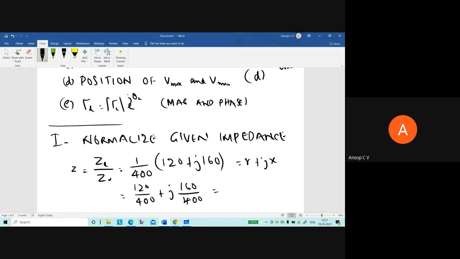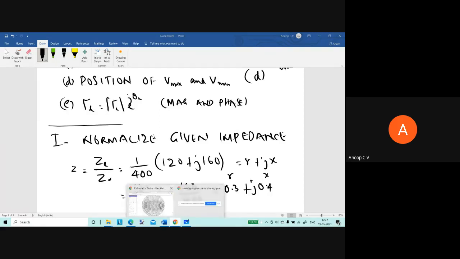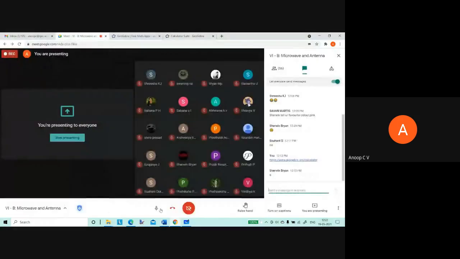Can anyone tell me what these are? 120 by 400, is it 0.3, plus 160 by 400, is it equal to 0.4? Can anyone please confirm this? So this should be our R and that should be our X. Can anyone confirm that?